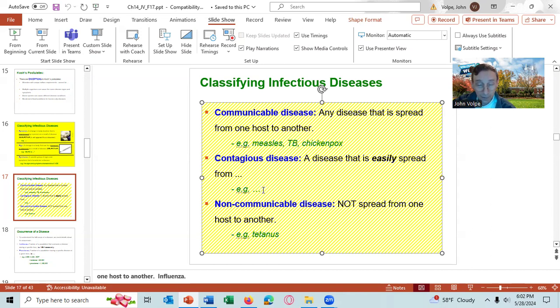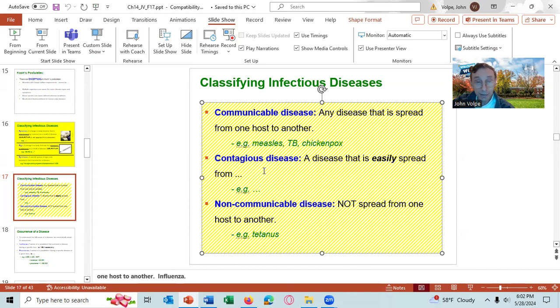Another classical case, in fact, probably the best case, is leprosy. Leprosy does not easily spread from one patient to another. You need long-term exposure, and only something like 5% of the population can even pick up leprosy.